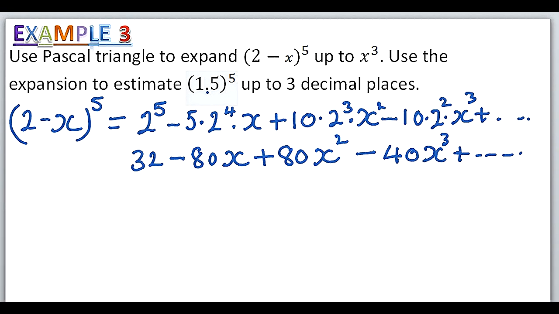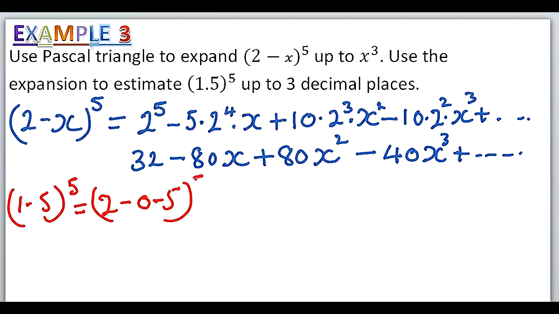Now we come to 1.5 to power 5. You say 1.5 to power 5 is the same as (2 minus 0.5) into bracket to power 5. So in this case, we substitute the place of x with 0.5 because it will take the place of x.